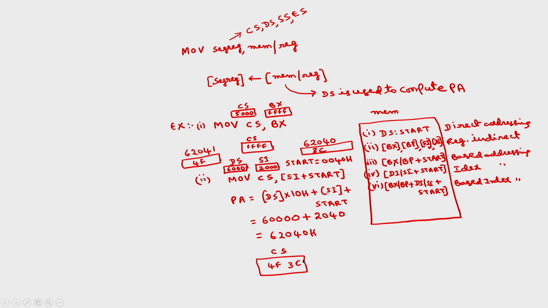This is how you can load any segment register with the contents of any register or contents of any of these memory locations. Similarly, you can have the reverse operation. Here we have discussed loading the contents into the segment register from memory or register. From the segment register also we can load the contents into memory or register.